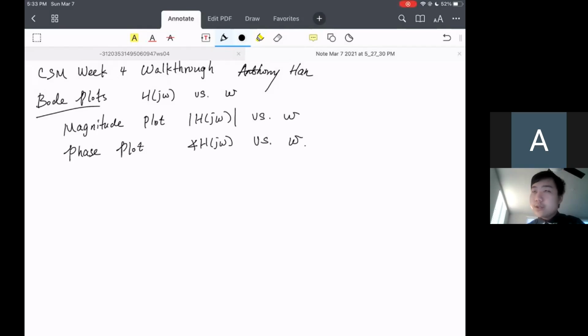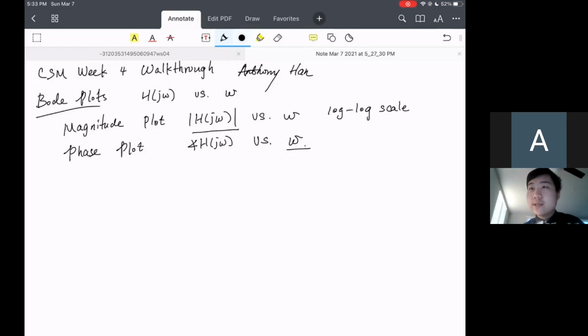To actually see the tendencies, we usually use a log scale on ω. If we use a log scale on the magnitude as well, this is what we call a log-log scale.